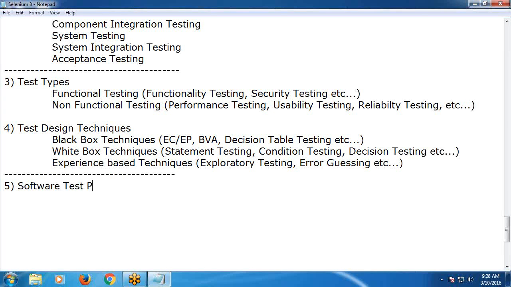Software test process. Here 4 phases we discussed. What are the 4 phases? Test planning, test design, test execution, test closure. Ad hoc testing is also an experience-based technique.